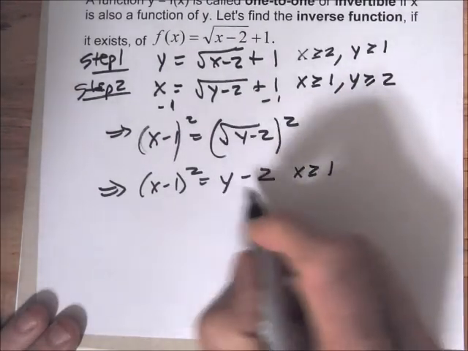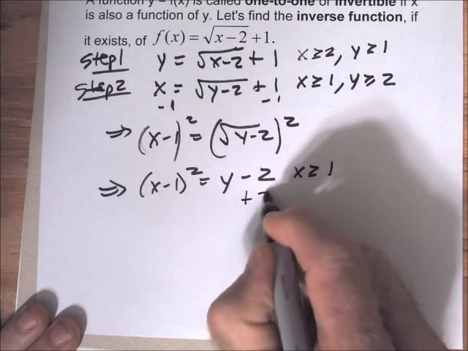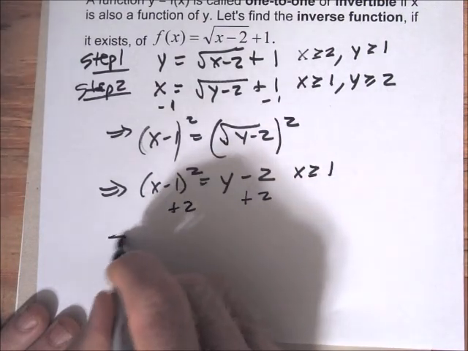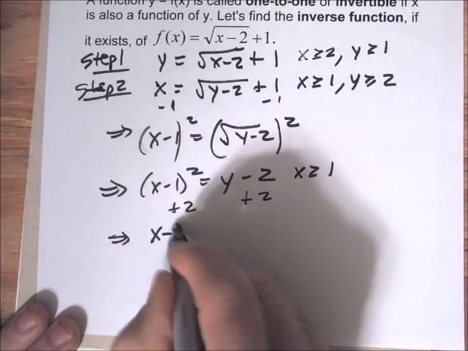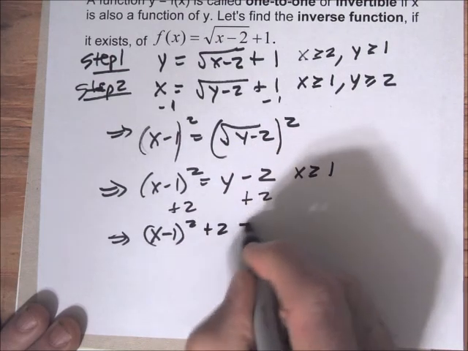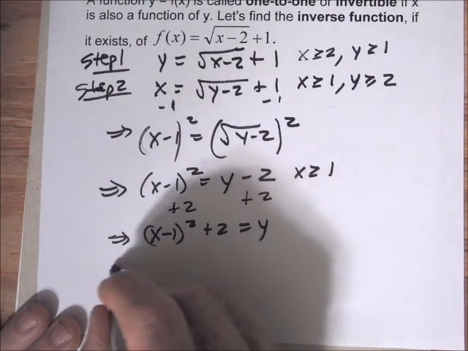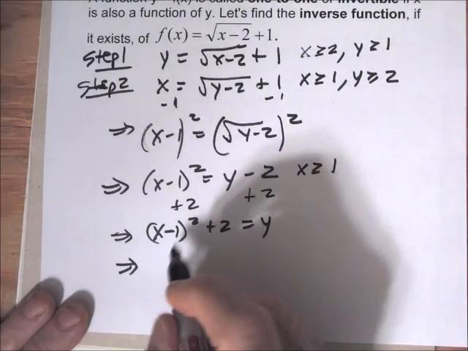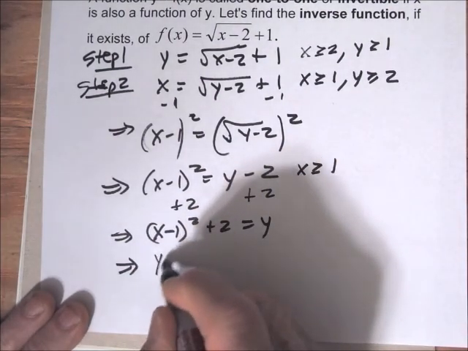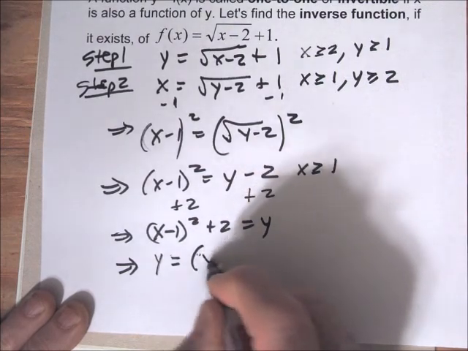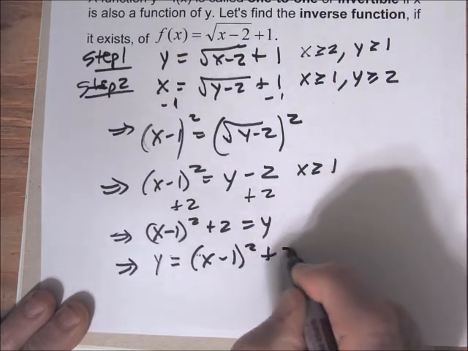So the x has to be greater than or equal to 1. We can add 2 to both sides, and we get x minus 1 squared plus 2 is equal to y. Usually it's traditional to put whatever you're solving for on the left. So we can write y equals x minus 1 quantity squared plus 2.